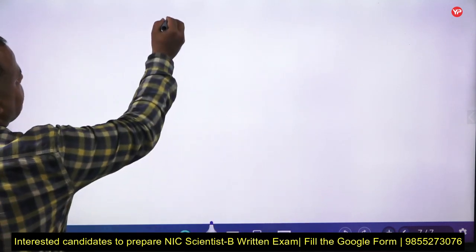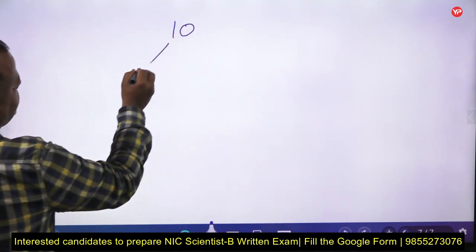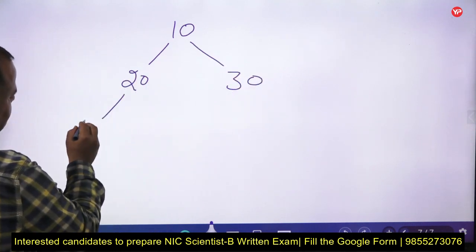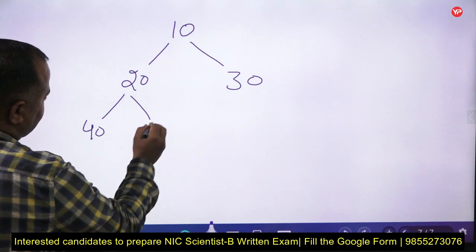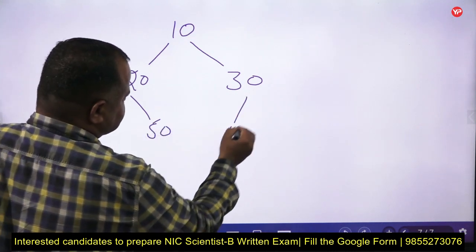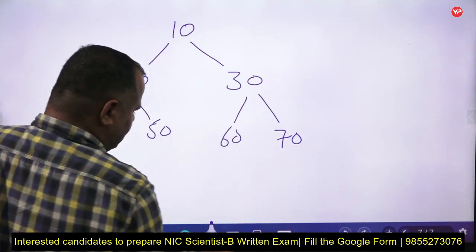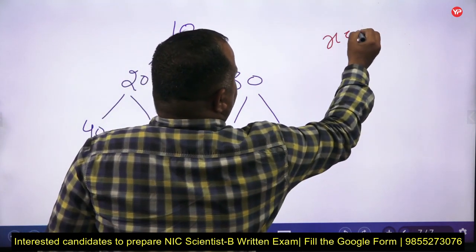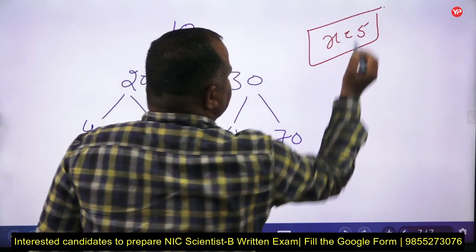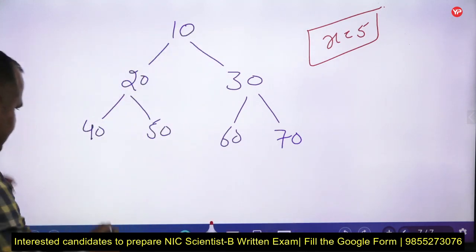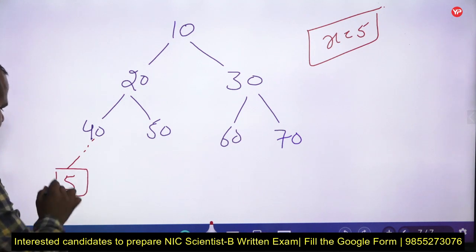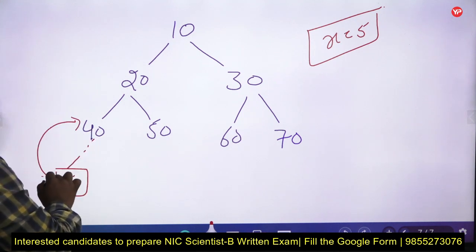Getting my point? So move on to the worst case performance. Suppose again the same heap: 10, 20, 30, 40, 50, 60 and 70. This time I want to insert one element, that is 5. First of all we have to perform some comparison.